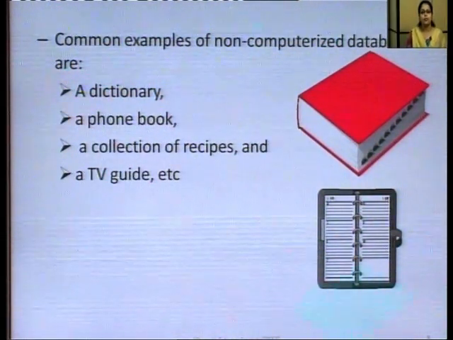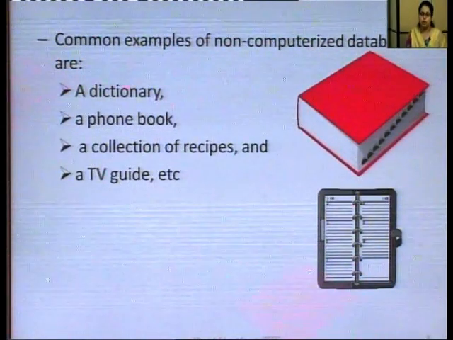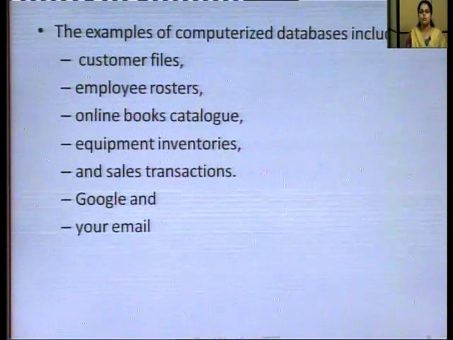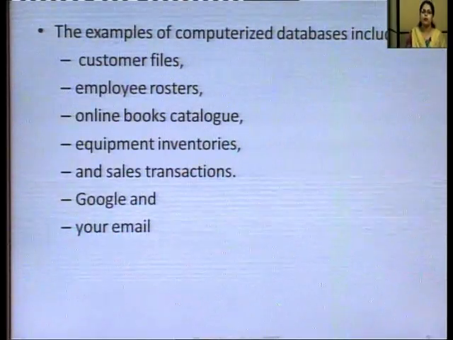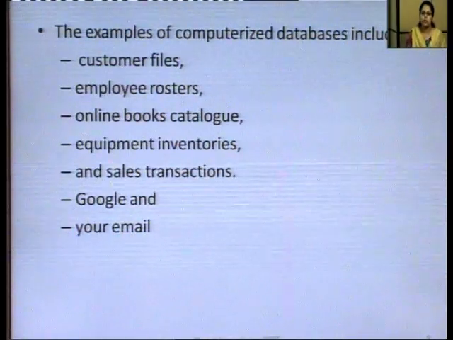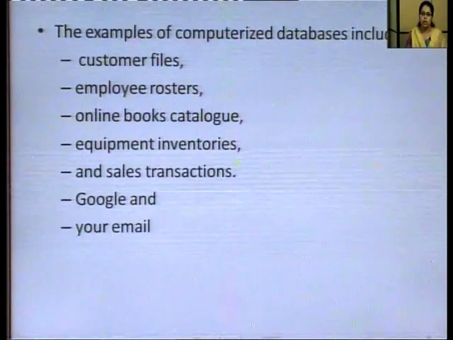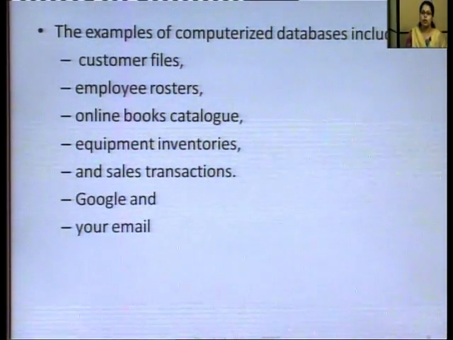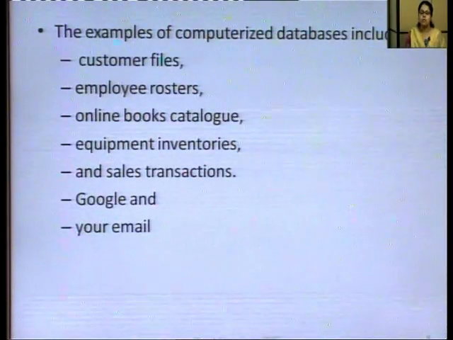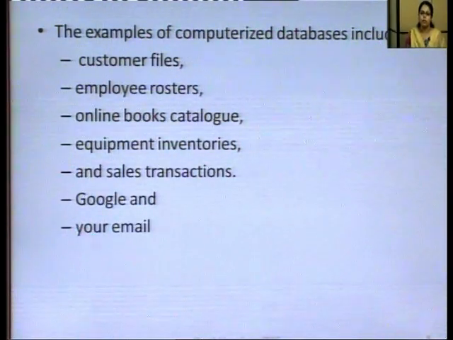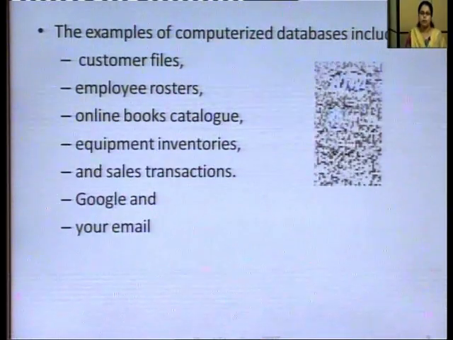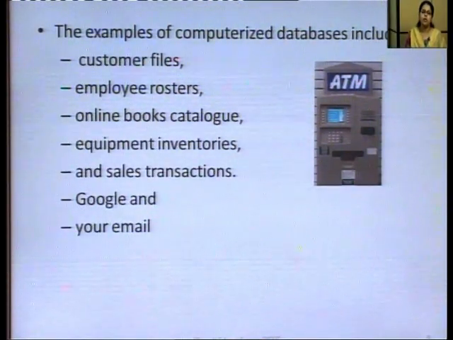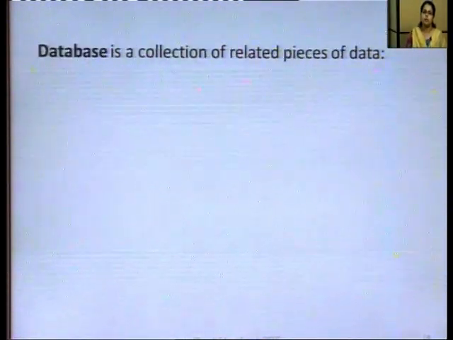All these are examples of non-computerized databases. And examples of computerized databases include, for example, customer files, employee rosters, online books catalog, equipment inventories, sales transaction records, Google, and your email. From Google you can search anything from the database. Your email is also a database. ATM is an example of a database system.